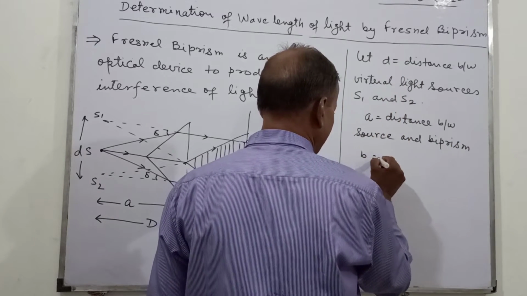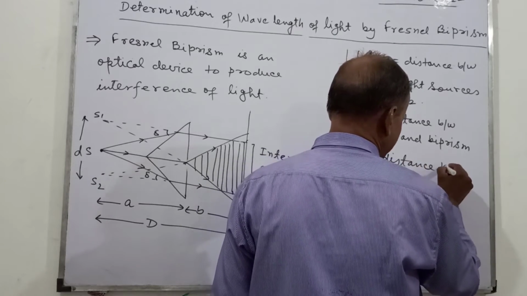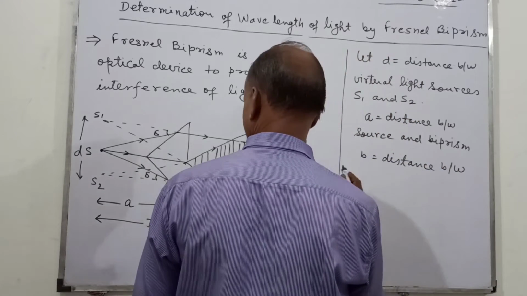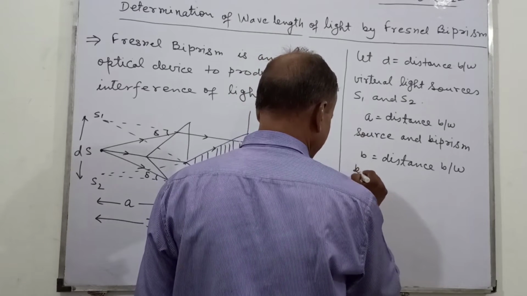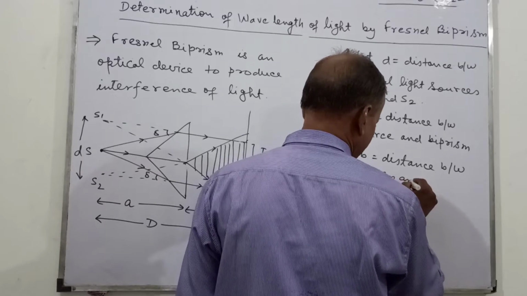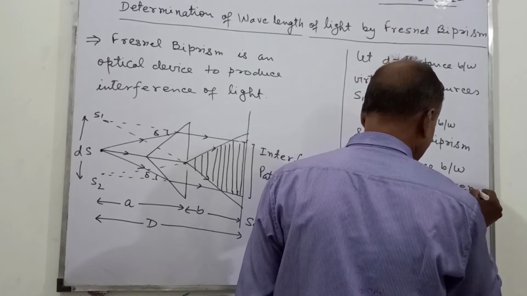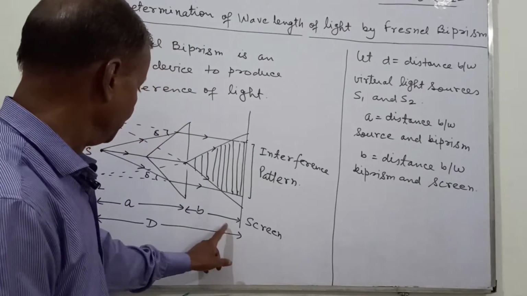b equal to the distance between biprism and screen. This is b.